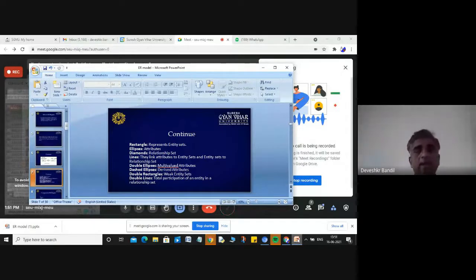And the lines basically are used to link attribute to entity set and entity set to the relationship set. That's why I have used the lines. And double ellipse is always used for multi-valued attributes. I will discuss about the multi-valued attributes after some points.